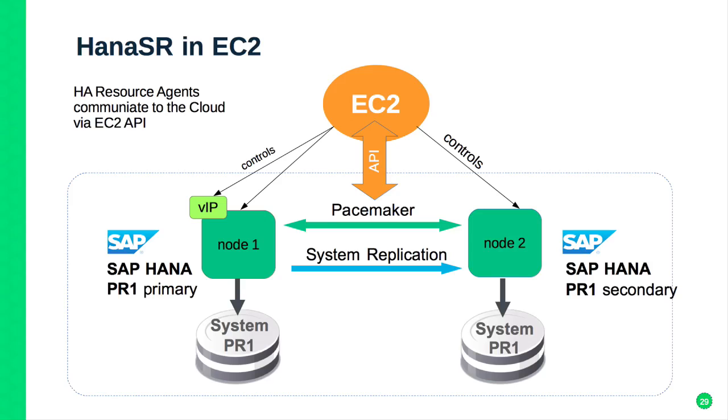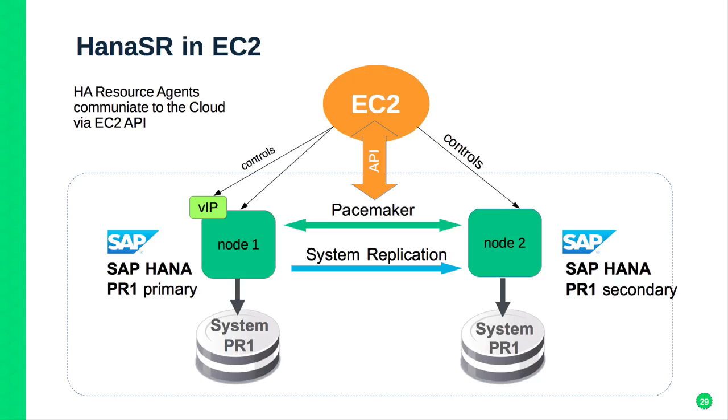This is another example when the pacemaker is deciding to shut down systems. It's going to submit a call to the EC2 infrastructure, and then AWS is shutting down one node or the other node. Or if the cluster decides that a virtual IP address needs to be swung over to another node, then it's submitting an API call to our infrastructure management, and AWS is going to switch the routing of this IP address.